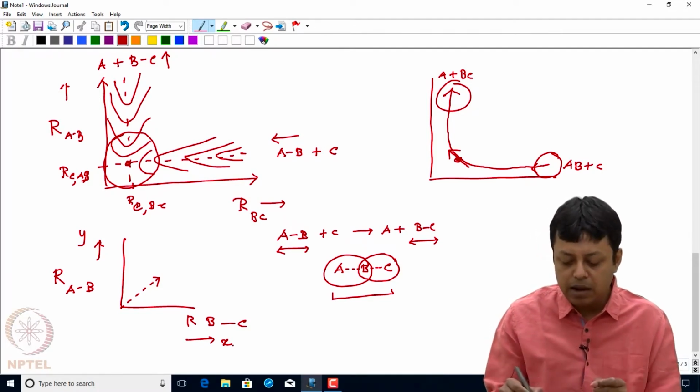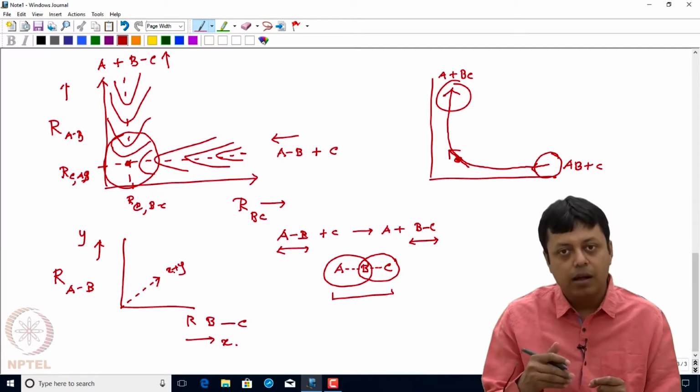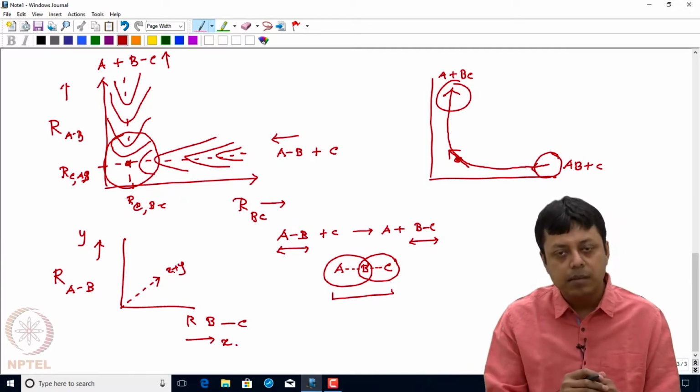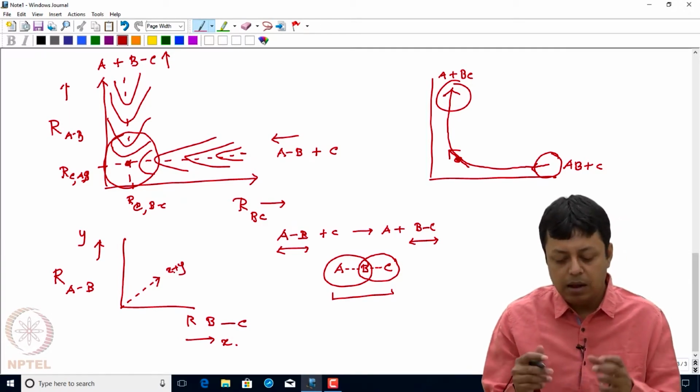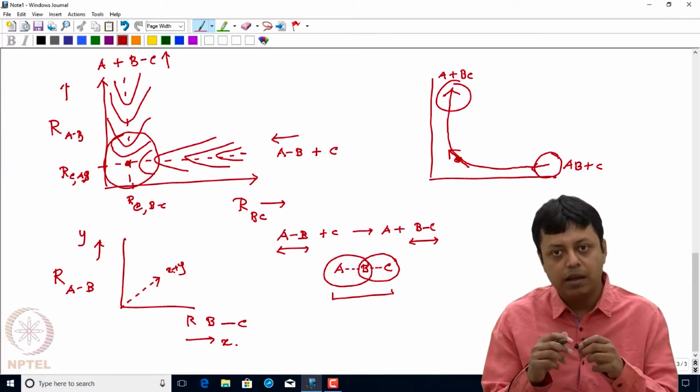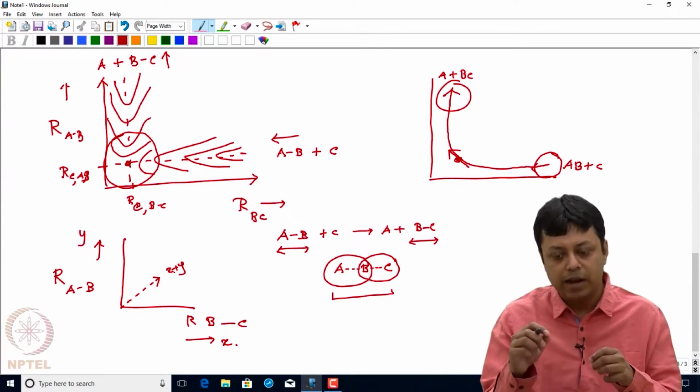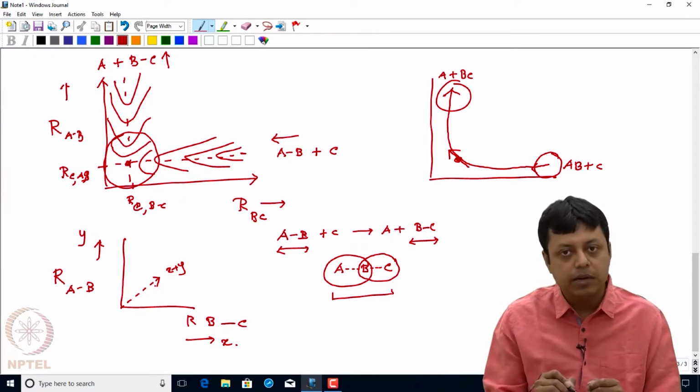Something like you had a coordinate system like X and Y, and I am converting this coordinate system into a new coordinate system where I have X plus Y, where both the X and the Y are simultaneously varying. So this is nothing but the symmetric stretch.